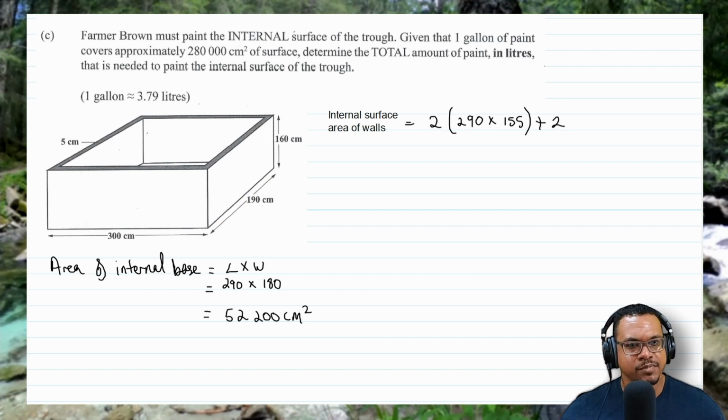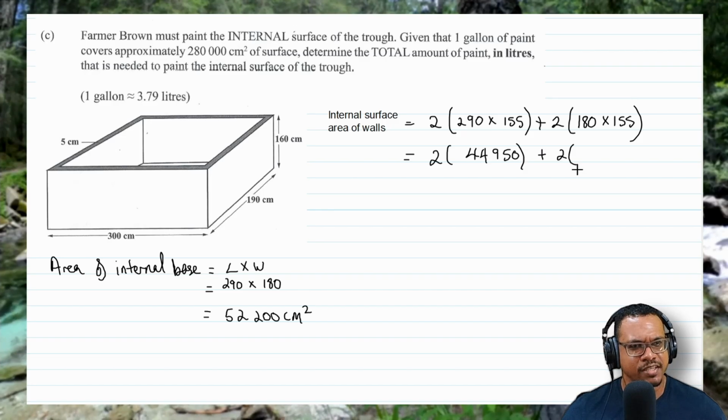So you're going to have 2 times 180 times 155. This here would be the front and back wall, and this here will be the two side walls. So we have 2 times, 290 times 155 is 44,950.